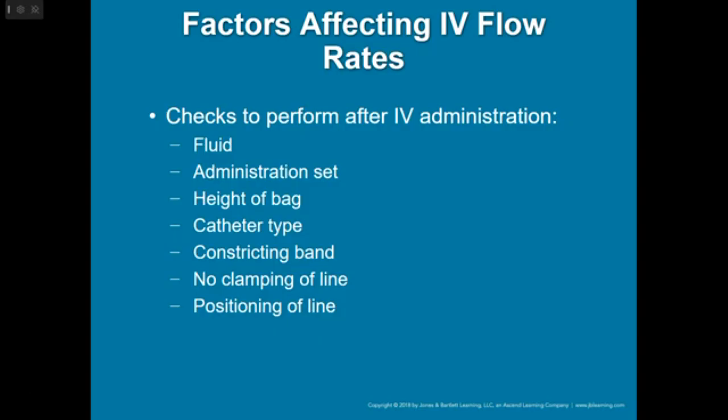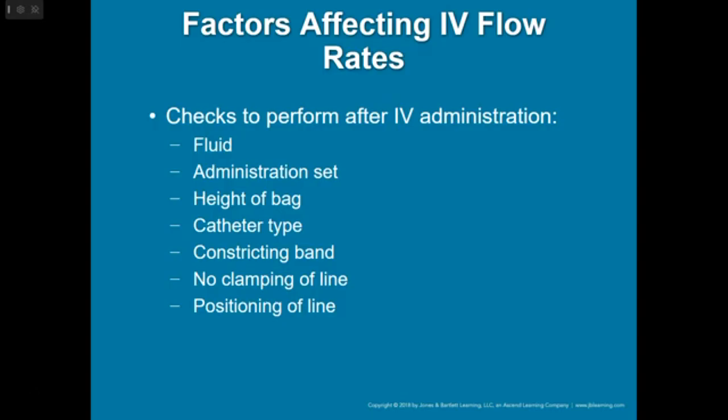Checks to perform after the IV administration. Once you're getting your fluid set up, this is some stuff to be mindful of, of course: what kind of fluid you're getting, the administration set, whether that's a 10 drop set, 60 drop, that micro. Height of the bag can affect the amount of gravity as to how fast it's going to flow in. Your catheter type or size can make a difference.